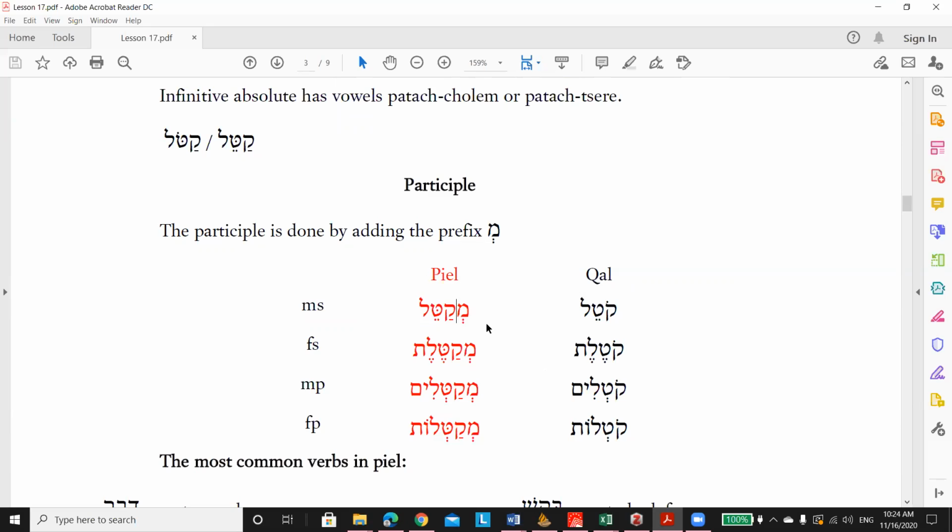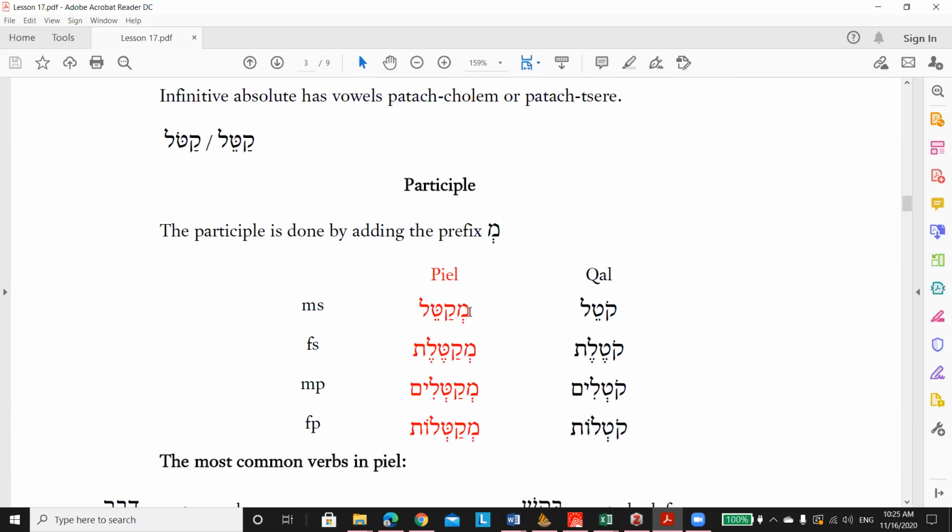And do you see, it's very good that they have this mem prefix for the participles, because it is a distinguishing feature that will help us to identify the participles very easily. So if you see a verb with mem in the beginning, you can be 100% sure that this is a participle.